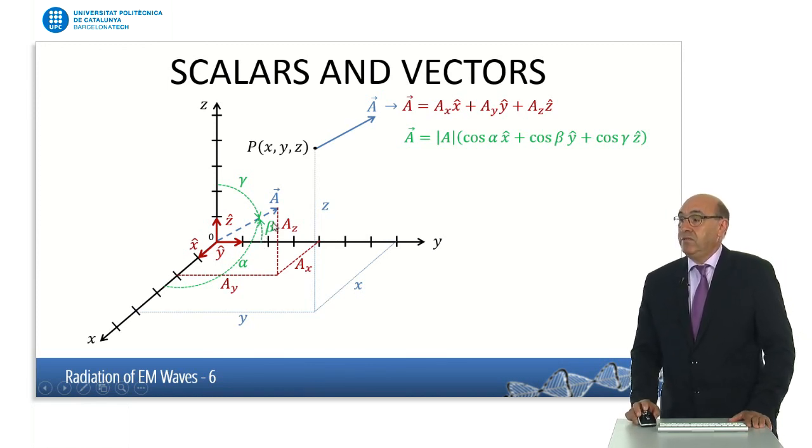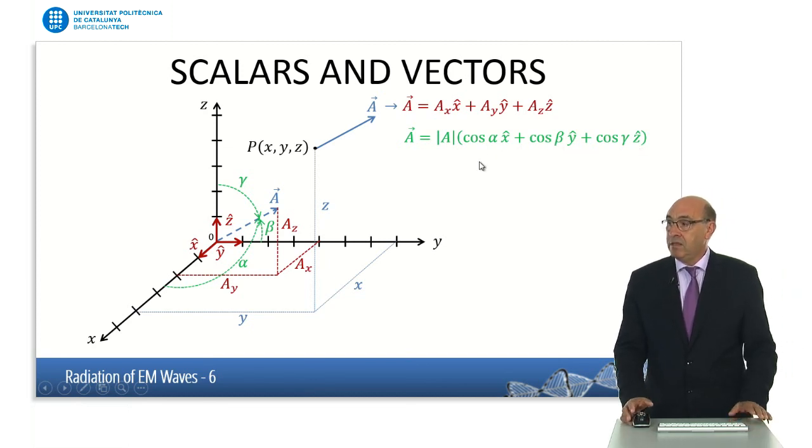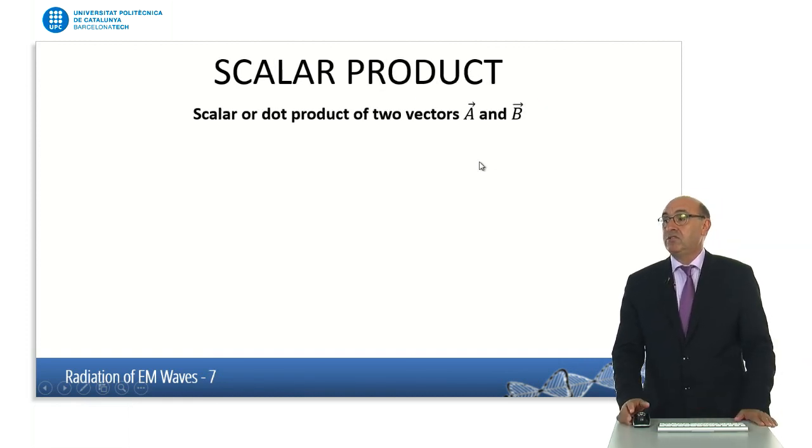If we do this, the vector will be written in this way: first the magnitude, then the 3 direction cosines that are really defining the 3 components. And these are the basic tools we will be using to represent the vectors.